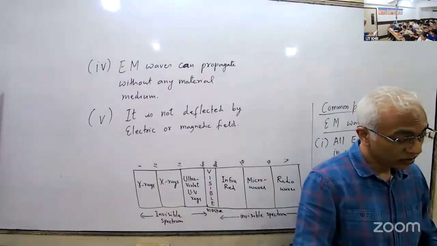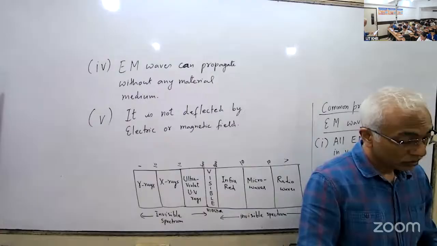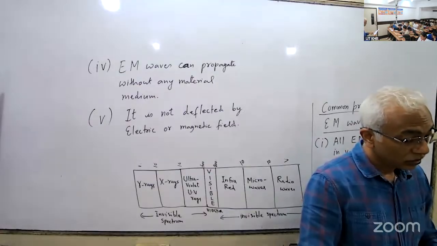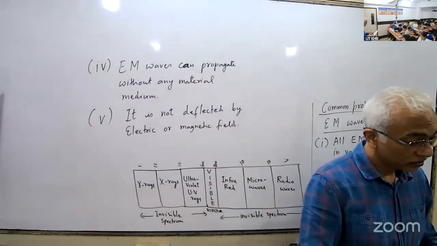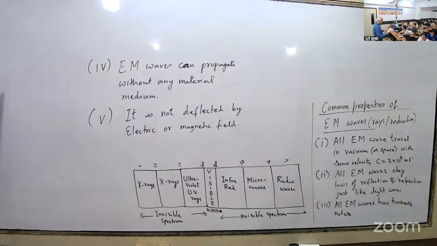For example, if you take microwave, who discovered microwaves? Hertz. What is the source of microwave? Electromagnetic waves can be produced in a laboratory by an accelerated charged particle.